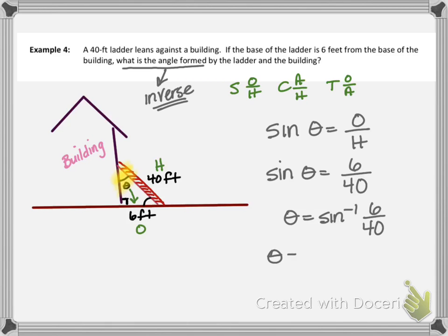When you put that in your calculator and round it to the nearest hundredth, you are going to get 8.63 degrees. So the angle between the ladder and the building is 8.63. Hope that helps. Thanks for watching.